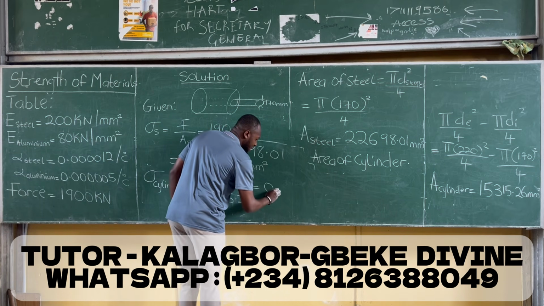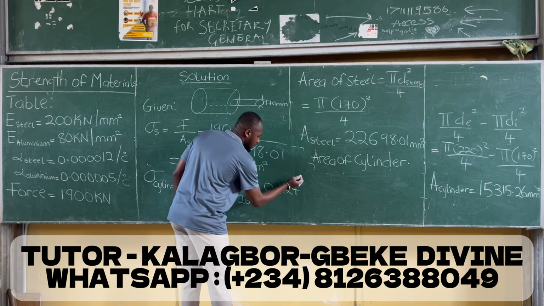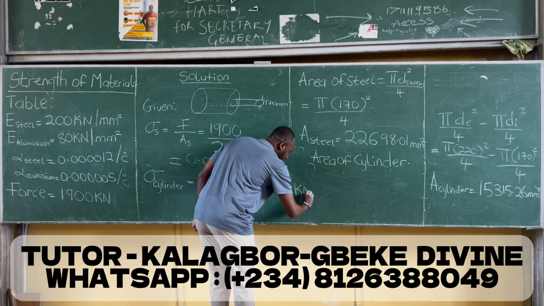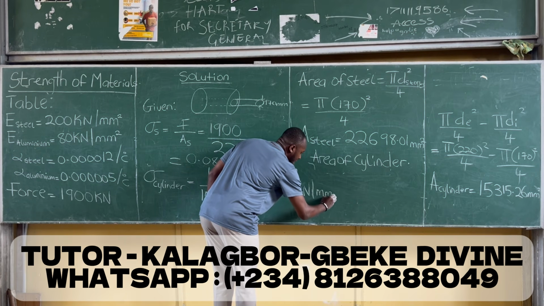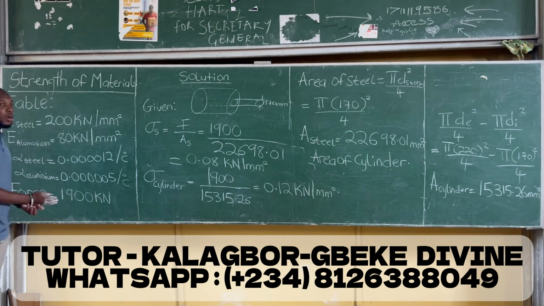Please confirm the answer. 0.124, 12 kilonewton per millimeter square. So we are done with Part A, that's to find the stress in steel and the stress in the cylinder.